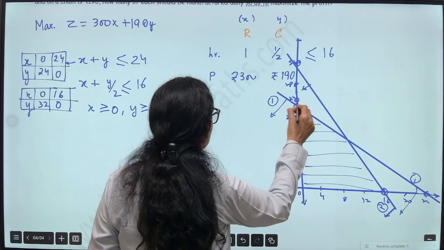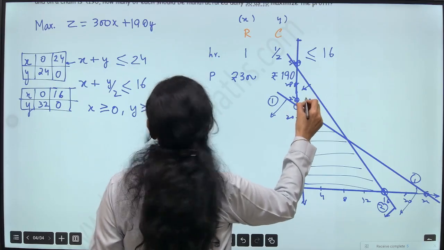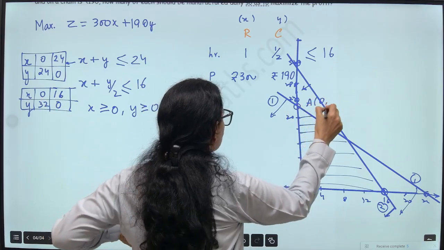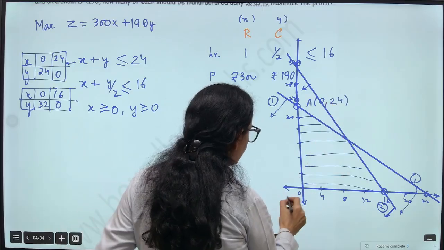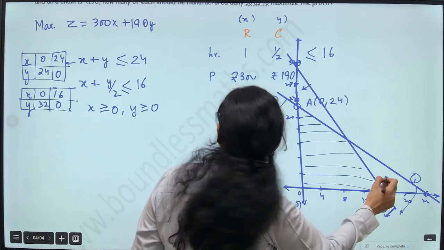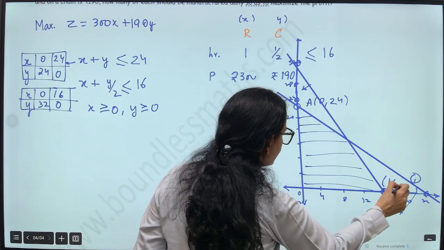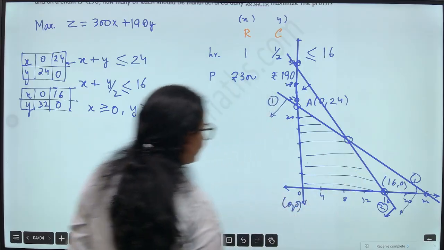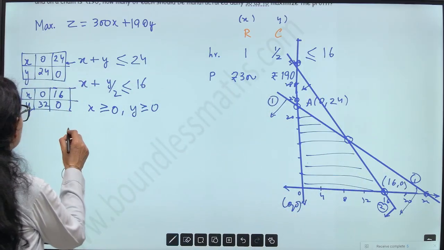Yes, for the first one we have the first corner point A, 0, 24. This is 0, 0, we don't really need this. This is 16, 0, and then we need to find the point of intersection of both the inequalities.